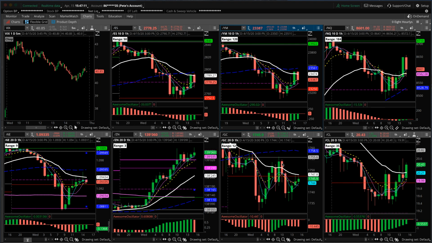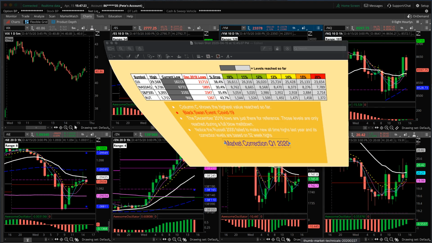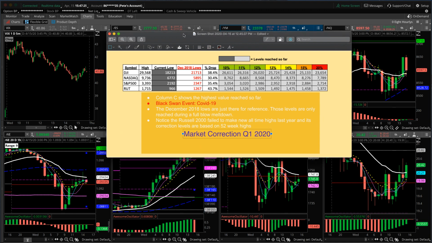And we've got another one here that I can show you. And this one is the current levels for market correction. You can see they only go up to 20%, and you can see that the Dow has been down 38%, the Nasdaq has been down 30%, S&P 500 has been down 35%, and the Russell has been down 43%. Okay, so that's what I wanted to show you.